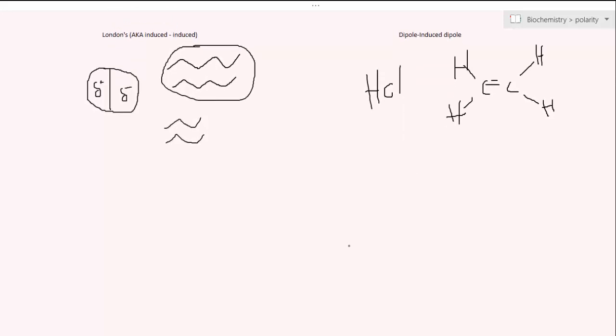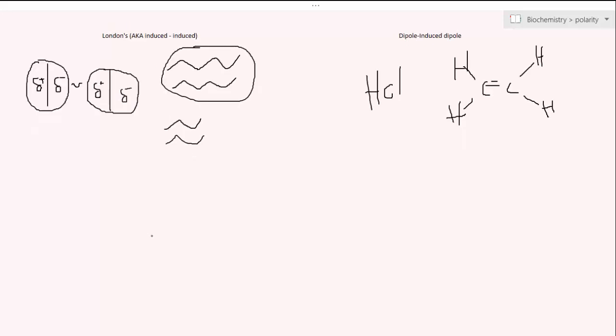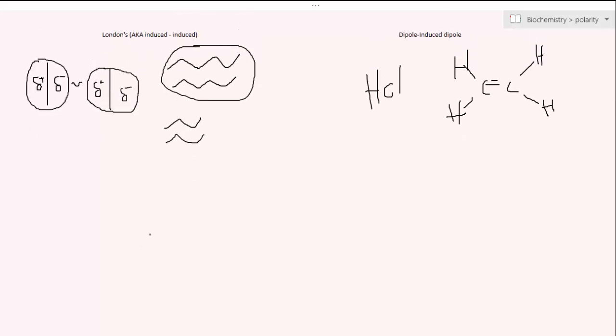Now, I forgot to say that here also this one will induce its neighbor. So let's say that this is its neighbor. This side will get a partial negative charge, and this part will get a partial positive charge, and an electrostatic attraction will happen between them. All of them are electrostatic attractions.